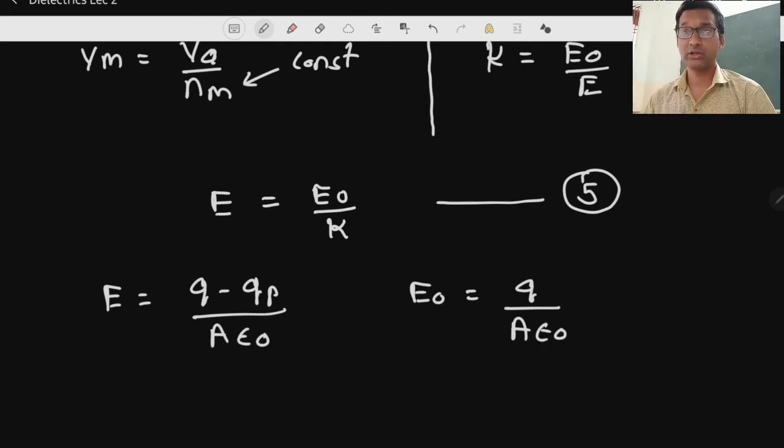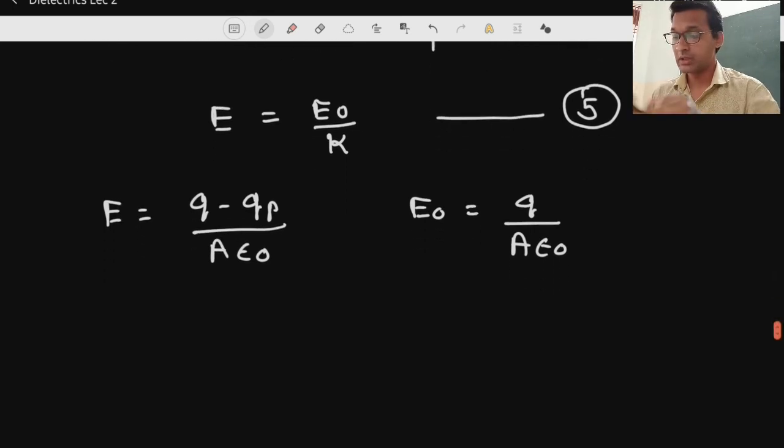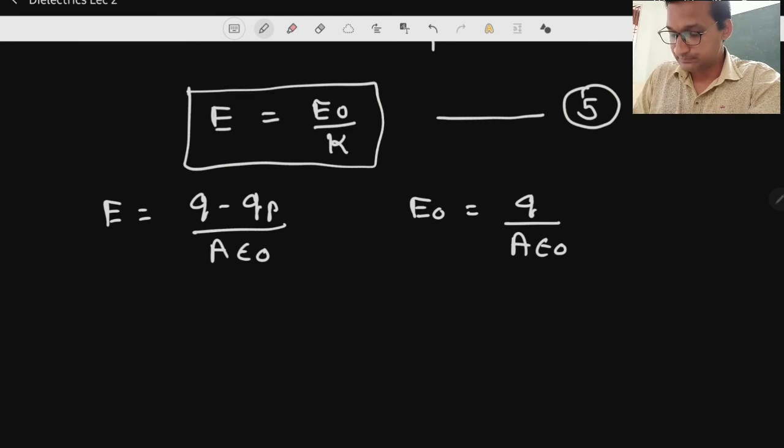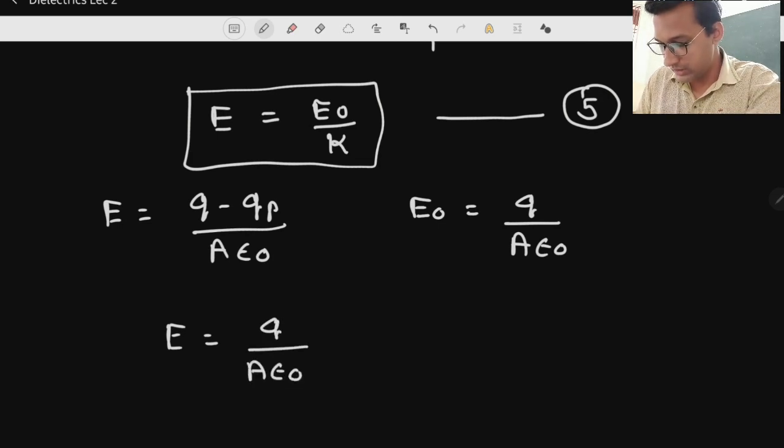What we want is E in terms of free charges, not this Q minus QP, because Q minus QP is very difficult to find. So this relation we will use. E we can write as E naught, Q divided by A epsilon naught, divided by K.